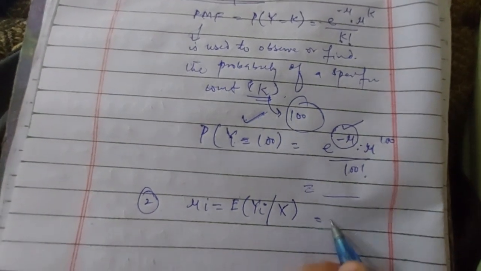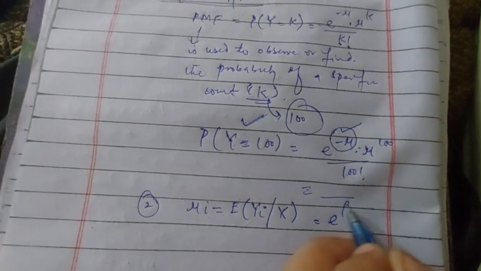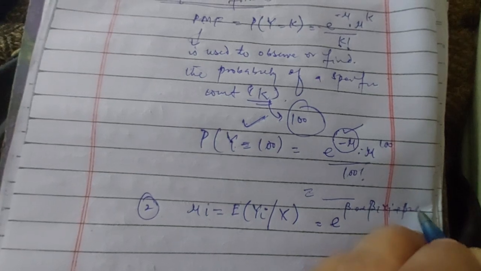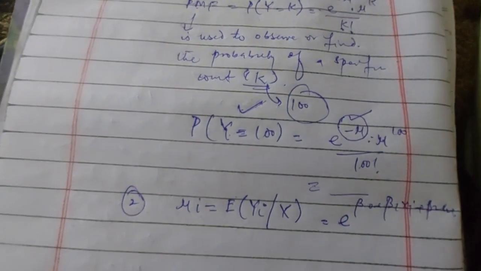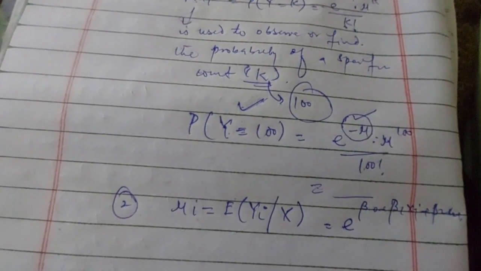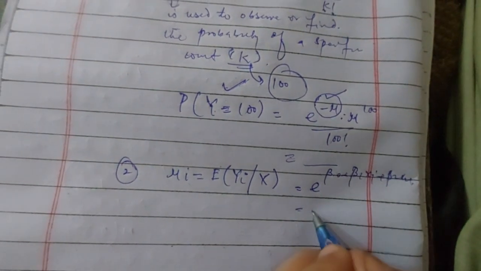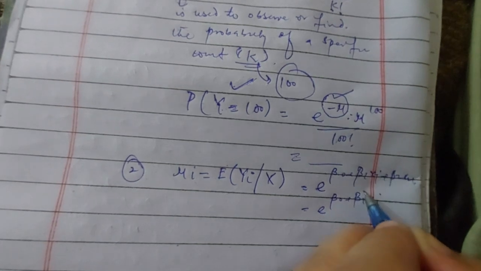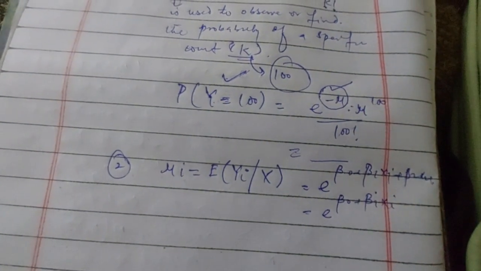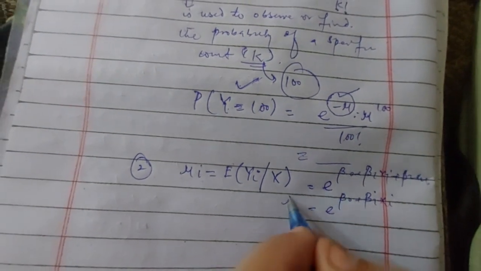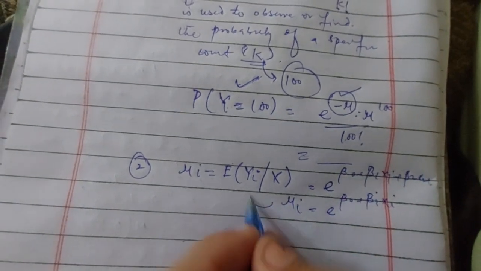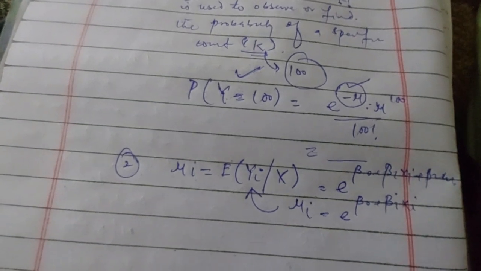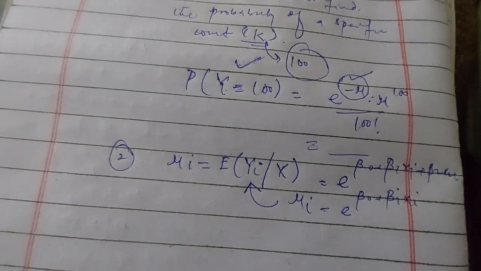This is equal to e raised to power beta naught plus beta 1 x1 plus beta 2 x2 and so on, depending on how many factors you have. In the generalized form, it will be e raised to power beta naught plus the sum of beta i into xi. This will be equal to mu i, the expected value of the count, such that we have a factor x which explains the count.